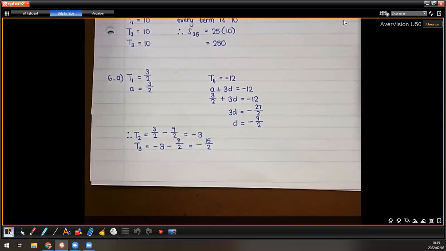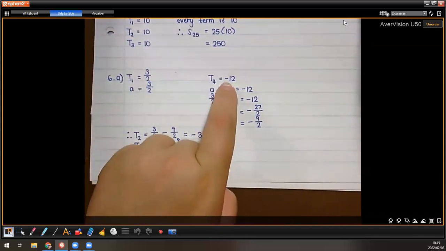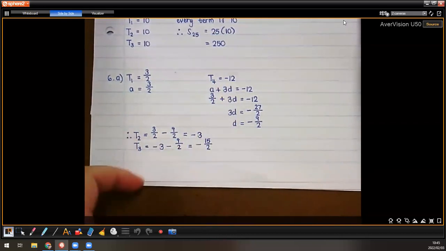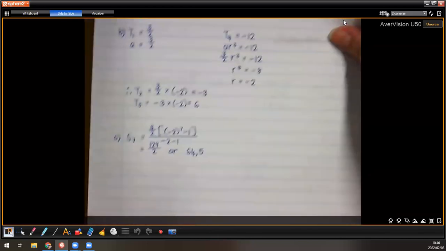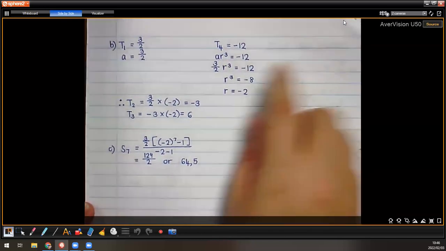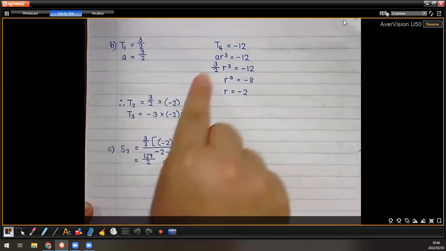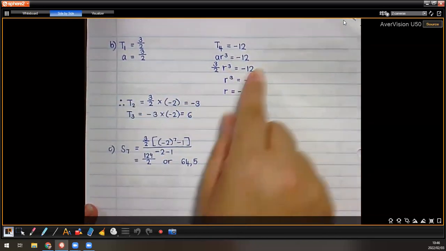Let's find this one. The next one was saying again term 1 is 3 over 2, term 4 is negative 12. We must again find terms 2 and 3, but now it's geometric. So now instead of a plus 3d for term 4, we're going to write ar to the power of 3 for term 4. So we're using the geometric term formula. You put your a value in there, that's equal to negative 12.